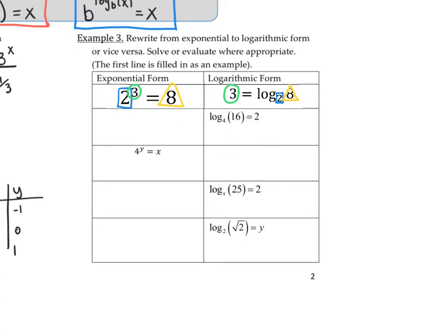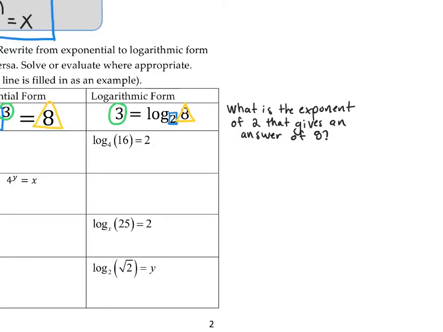A very important thing about logarithms is that logarithms are just a fancy way of saying what is the exponent. So when I read this logarithmic form, I'm going to think of this as what is the exponent on 2 that gives an answer of 8. So let me write that out in words. I'll say it one more time.